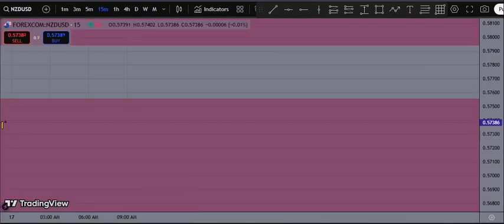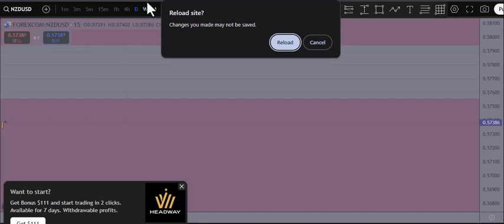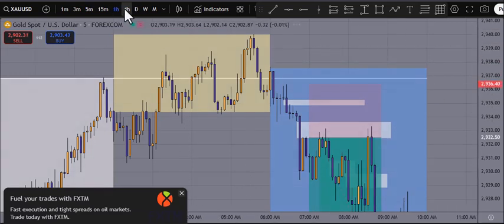I want to show you something now. If you look at this NZD chart, this is NZD. Let me go to the daily or even 4-hour charts. Let me go back to this 4-hour chart here.